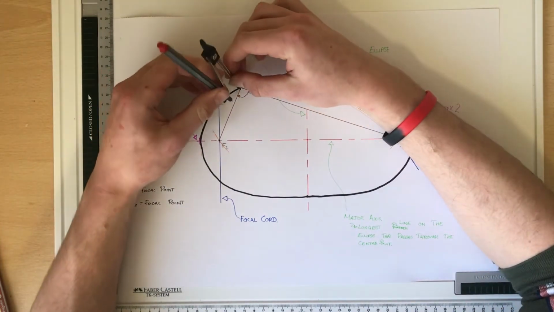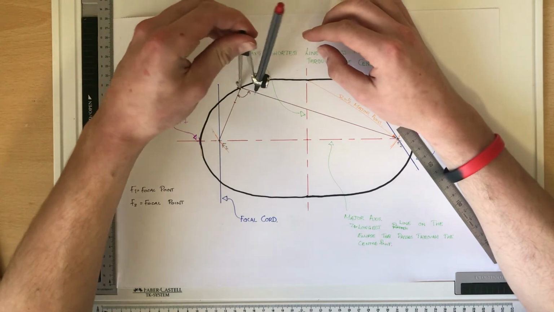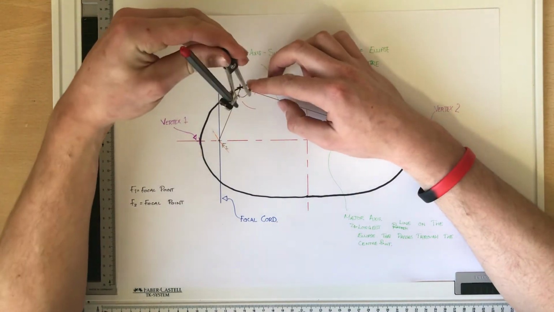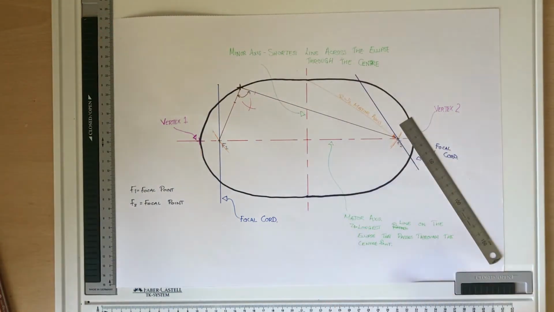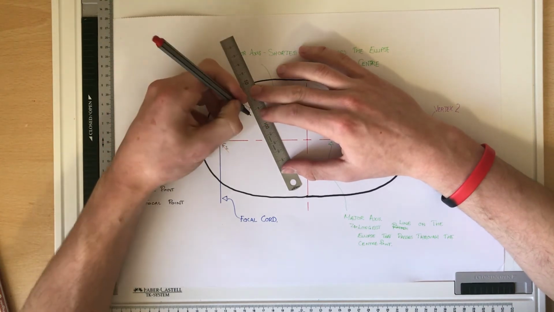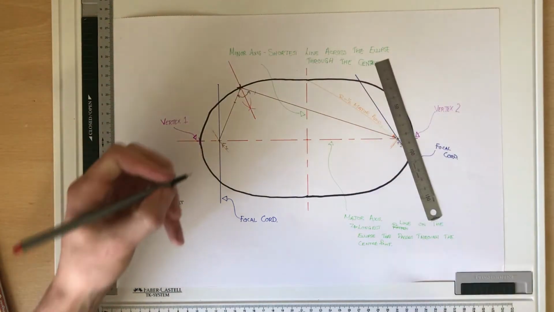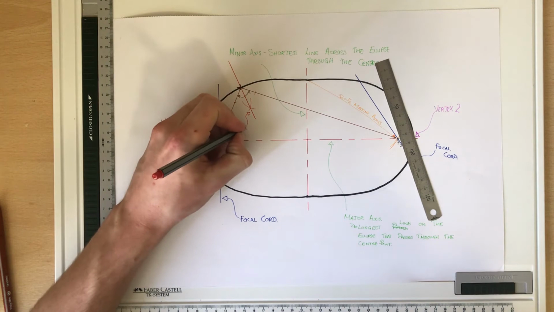So if I get my compass and do the angle bisection construction, I will find the middle of that angle, and I'll extend it out through the point of contact. This line is called the normal.